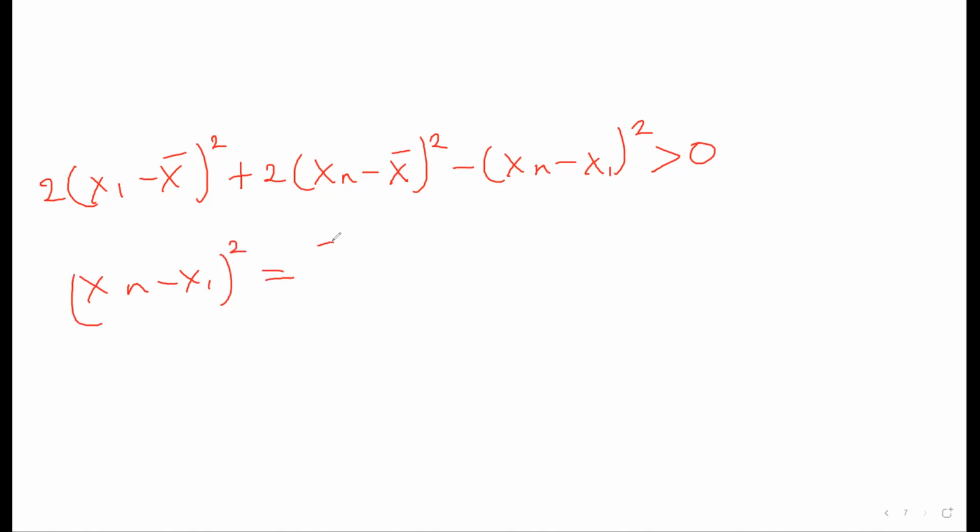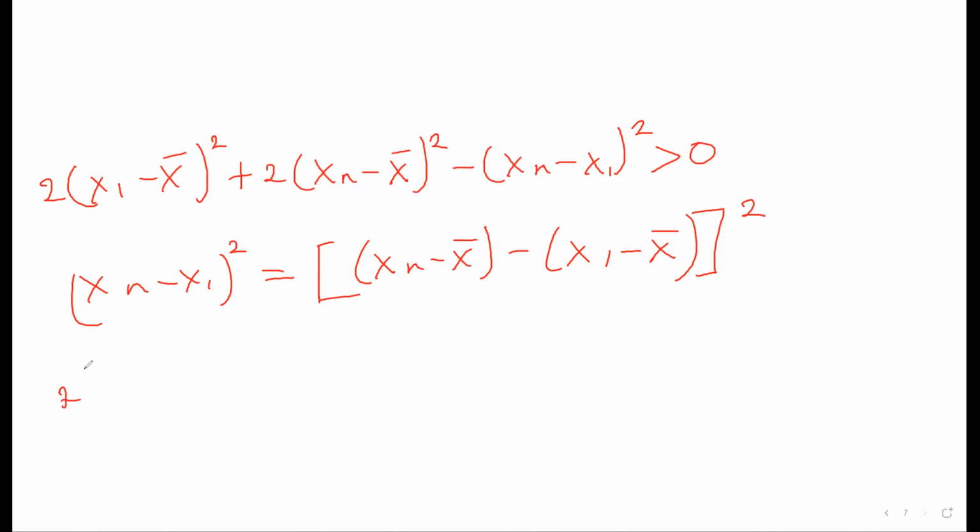If I expand this, I have (xn minus x bar) minus (x1 minus x bar), all squared. So basically, I just expanded this, okay? To be this, right? So now I can substitute the whole of this for this guy. The whole of it, because I expanded this guy, and I can substitute the whole of this for this guy.